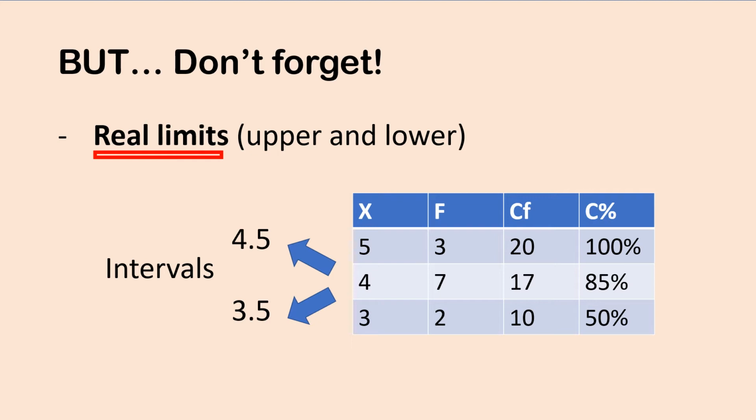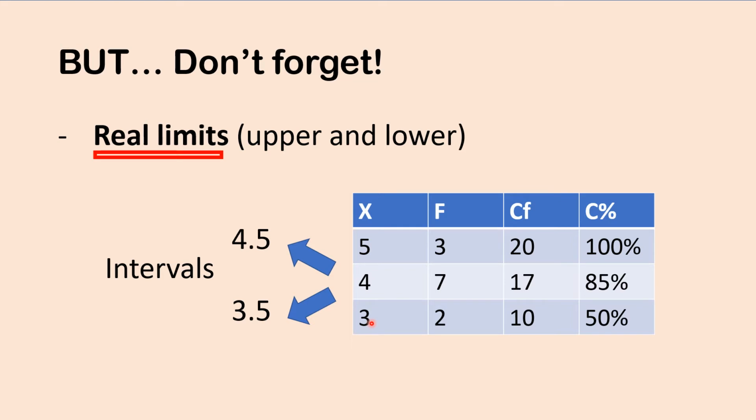But before I go into the interpolation question, this is the caveat that I mentioned at the beginning that I wanted to cover. When it comes to raw scores in a frequency distribution table, they have what are called real limits. And those real limits are on the upper side and lower side. All this really means is that these scores under the X, for example, are not single data points.